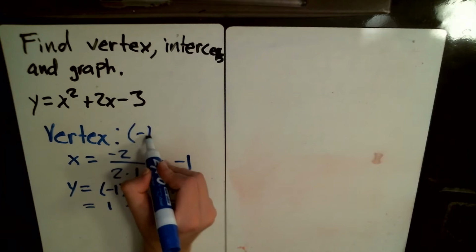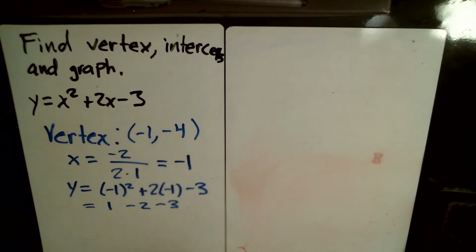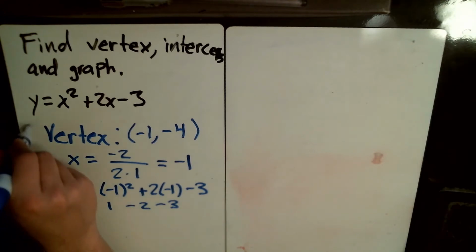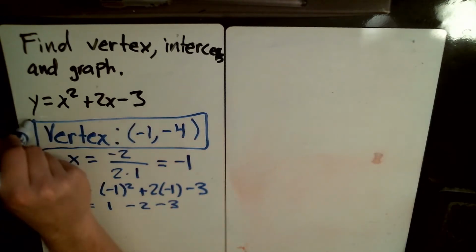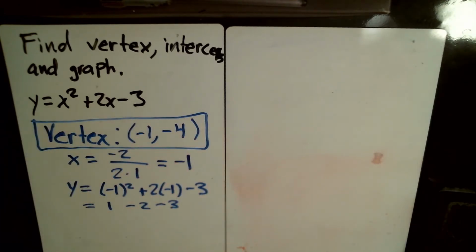So our vertex is going to be at negative 1, negative 4. Okay? So that's our vertex. So how did we get that again? We did the negative b over 2a, and then plugged that into the equation to figure out what the y value was. Okay? So we have the vertex.